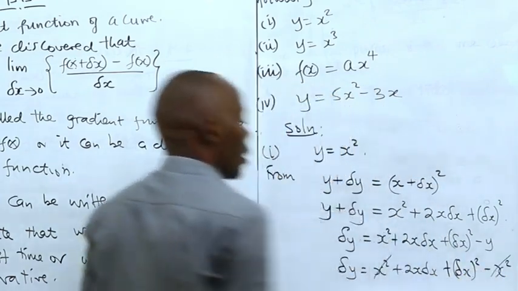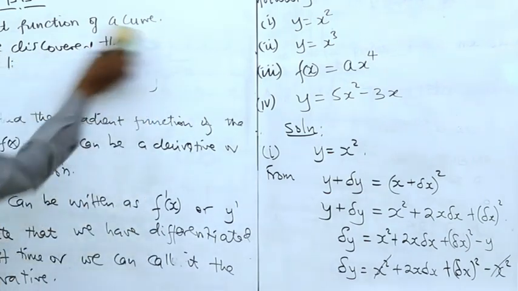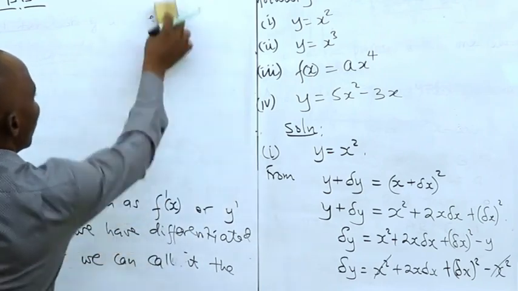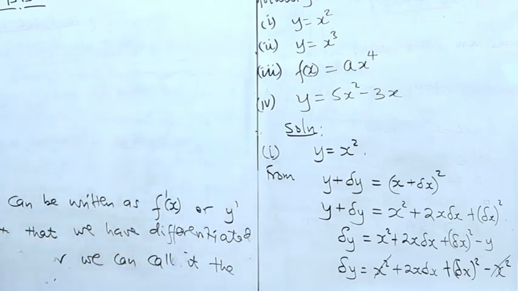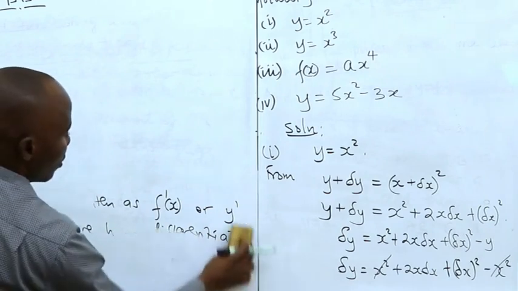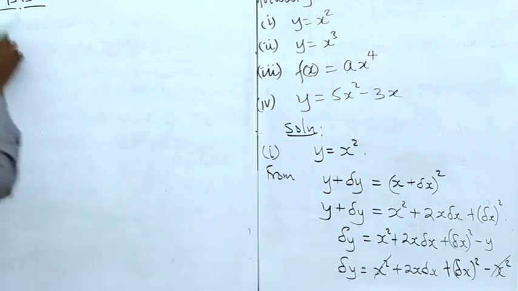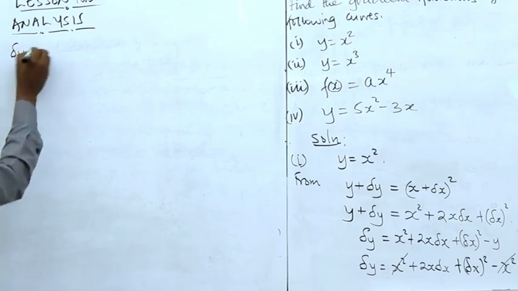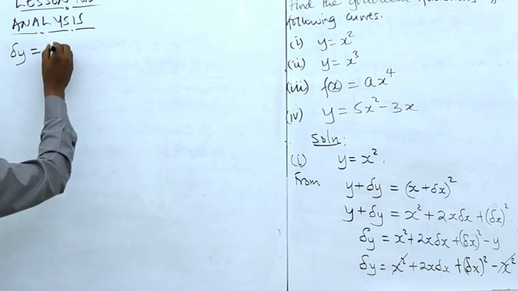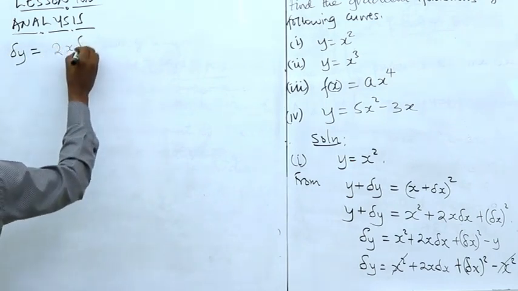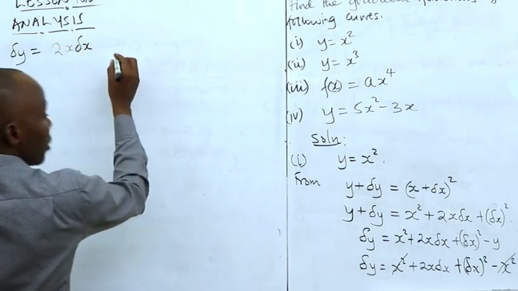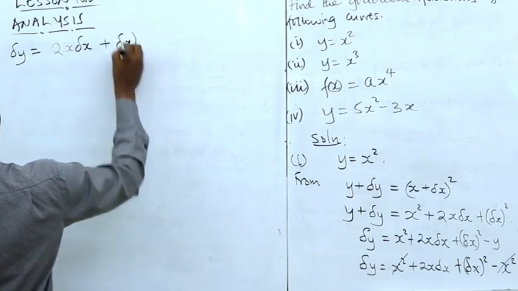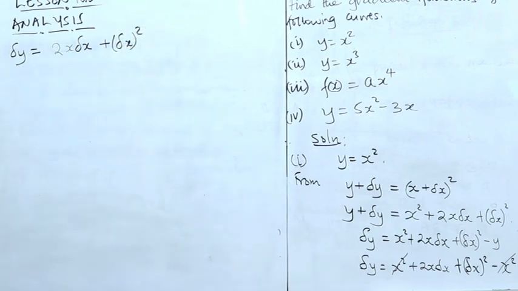You consider that those two cancel out, and we remain with delta y equal to 2x delta x plus delta x squared.